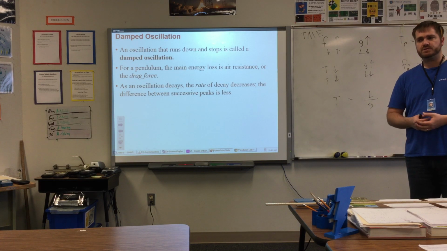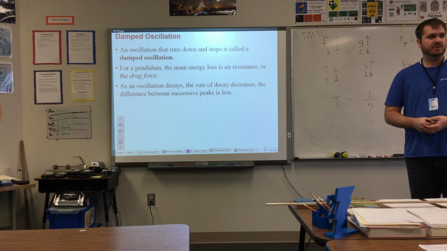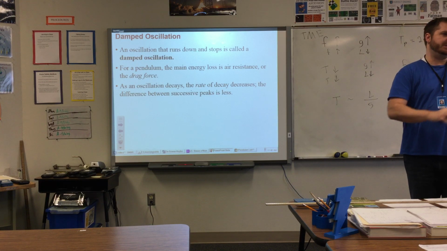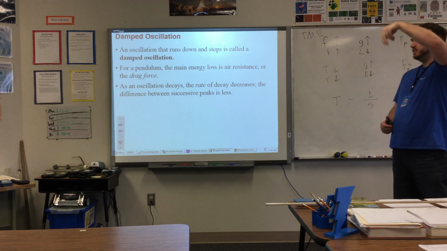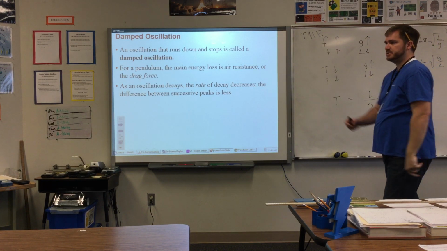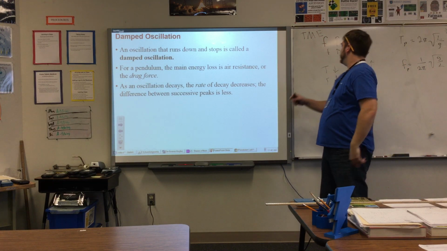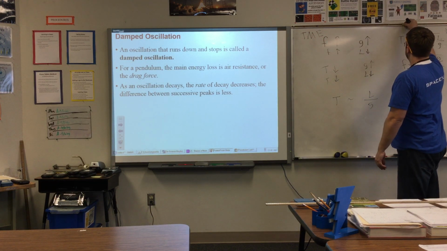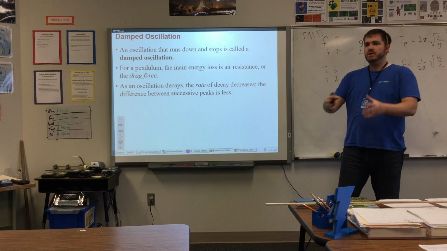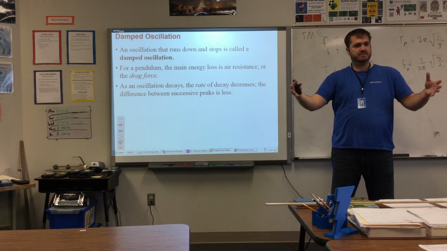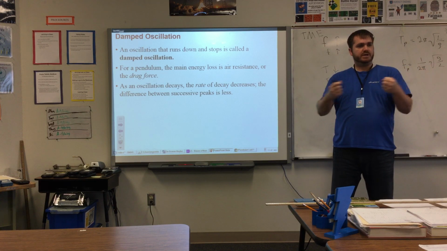Basically, we've been living in a perfect world up until now. We've been saying ignore friction, it's not a thing, right? But in the real world, you have energy loss due to air resistance, due to the rotational frictional effects at the hinge, or where the rope is meeting the pivot point, or the frictional effects of the spring stretching and compressing.